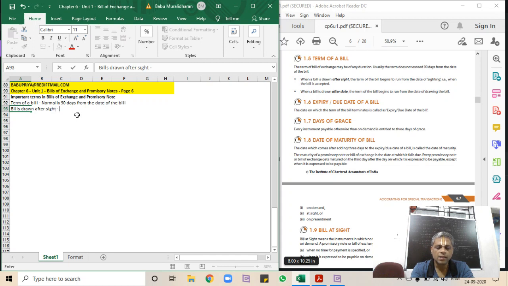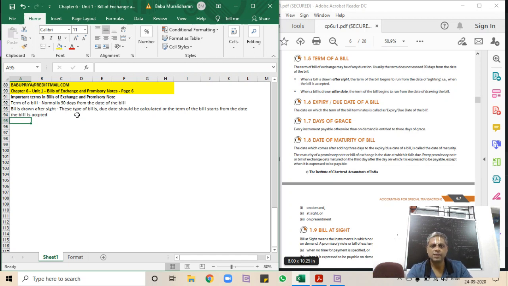For this type of bills, the due date should be calculated, or the term of the bill starts from the date the bill is accepted. So the bills drawn after sight means the date on which the person is accepting the bills will be the start date.